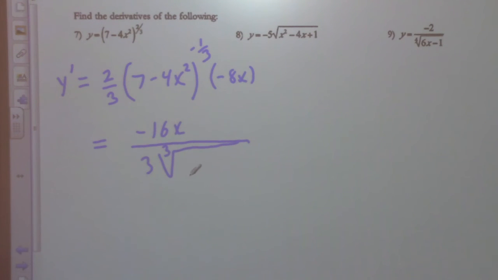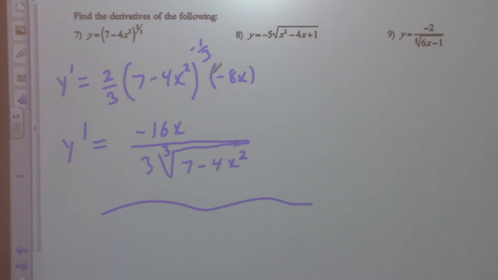We have the cube root of 7 minus 4x squared. So that's what it should be, okay? Did anybody get that? I hadn't worked it all the way out yet.